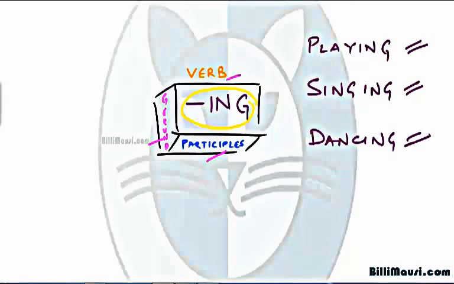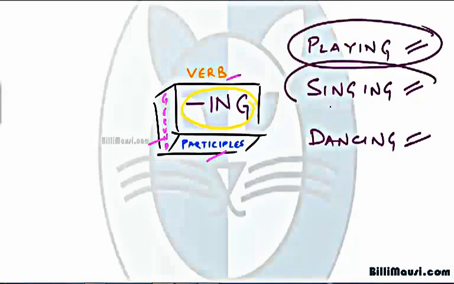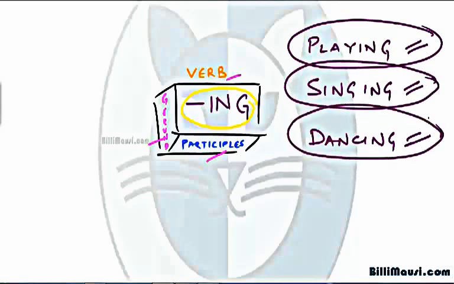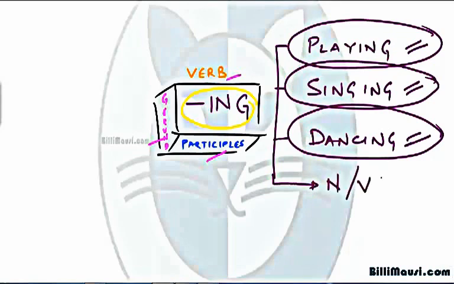Pretty sure most of you will tell me that these are words falling into the category of verbs. But let me tell you, these are not only verbs, but all of them, depending on the usage, fall into the categories of noun, verb, or adjective, depending on the usage.